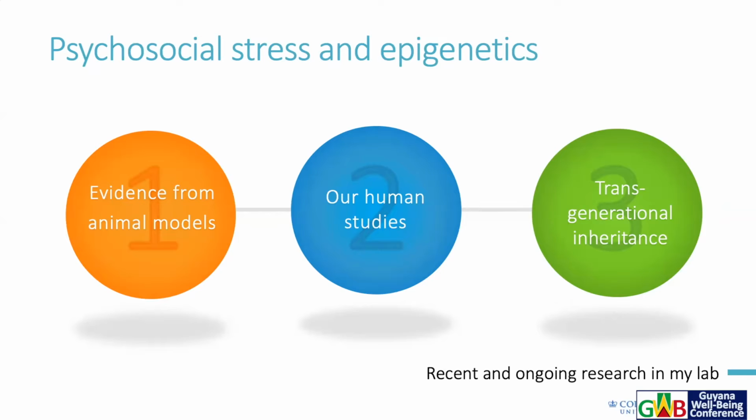Then in our lab, we do human studies, and I'm going to show you a couple of examples, at least, of our human studies. And finally, I would like to cover a part that is particularly interesting: whether changes in the epigenome that happen now can be passed on to our children, our grandchildren, and in general to future generations.